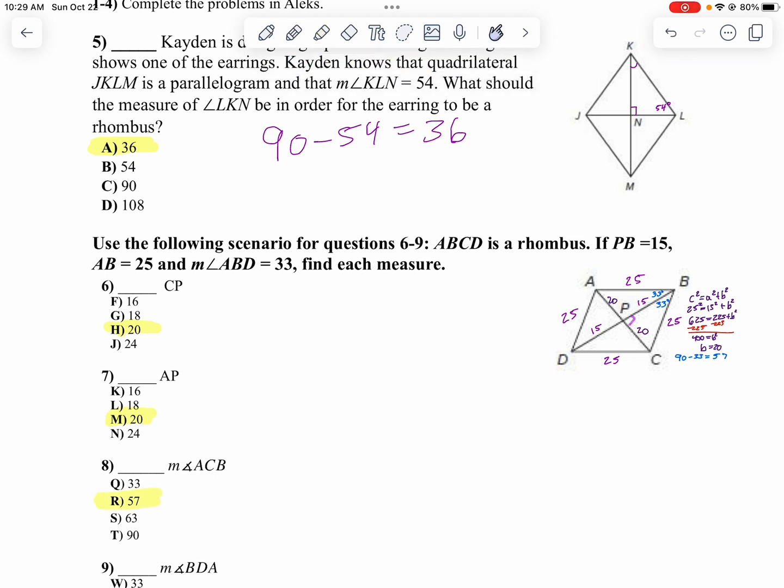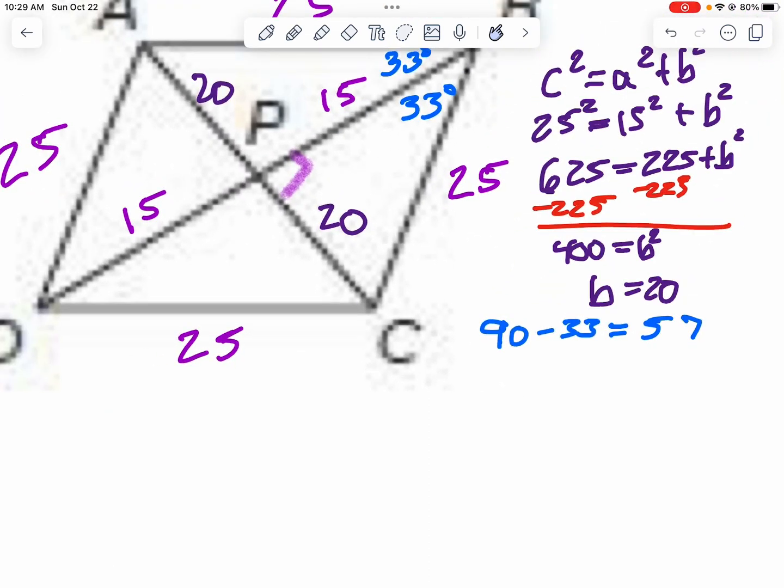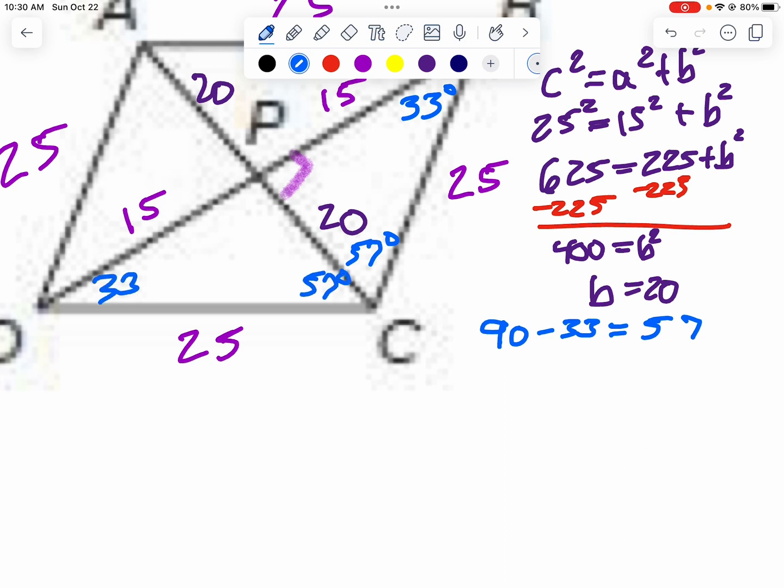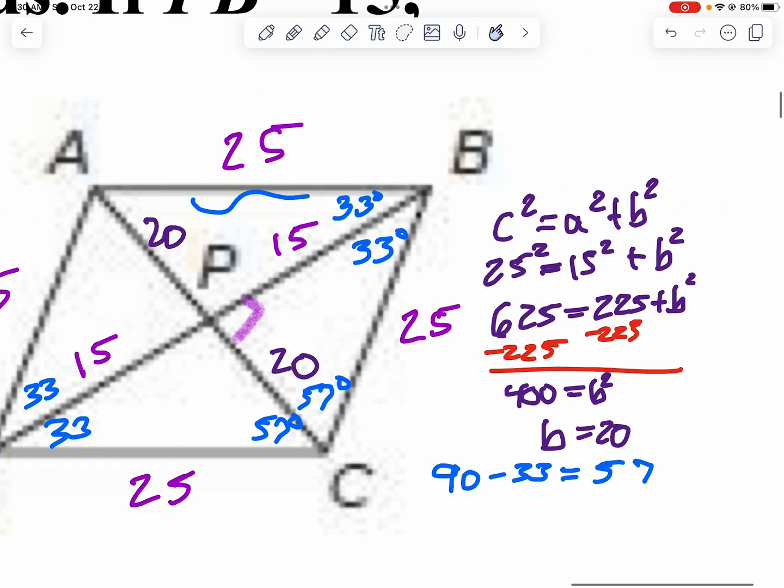Okay. And then, because that's 57, I know this angle is 57. I can go around, I'll do the same thing because the opposite angles are congruent, and I know they bisect each other. So we got 57 and 57.